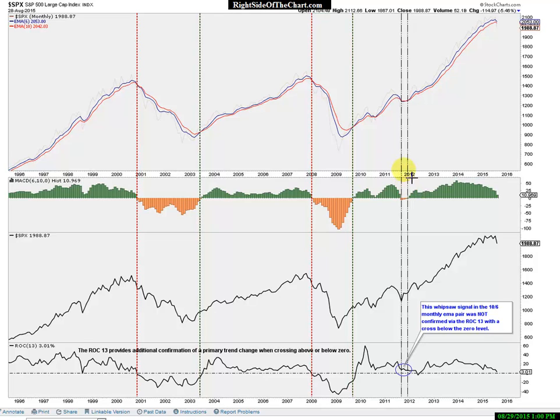And like I said, they get you in pretty early at the tops, short that is, and they get you long not too far off the bottoms. So we're close. You can see very close. Again, this is a monthly indicator, so what you have to do is wait for a monthly close.